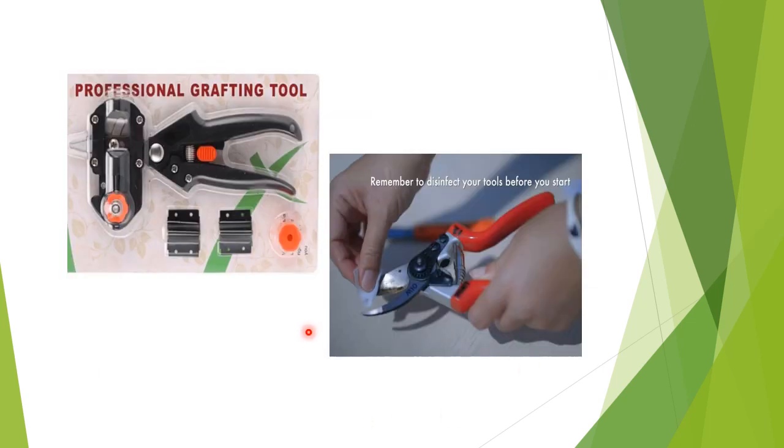And these days professional grafting tools are also available. Before you go for grafting, you have to use the disinfectant on your tools before you start, because you are cutting the plant. There are every chance that it can have an infection on the cutting portion.